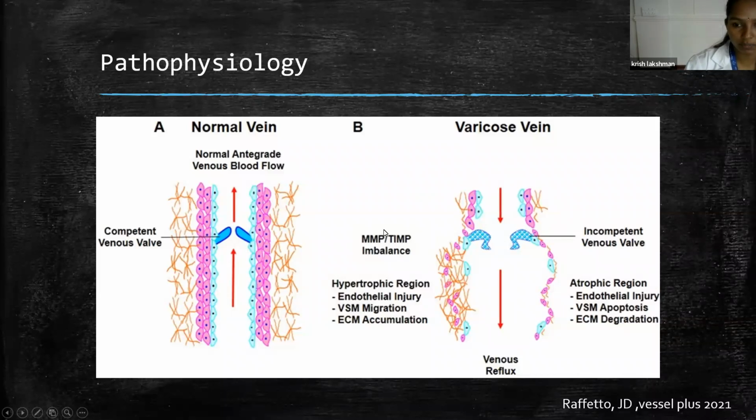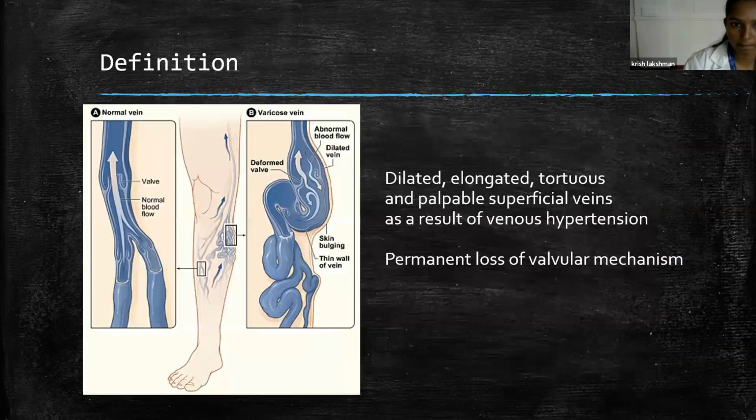The main important pathological agent here is matrix metalloproteases. The imbalance of matrix metalloproteases results in damage of the wall, vascular smooth muscle apoptosis and extracellular matrix degradation. This causes reflux of the blood into the lower limb veins.